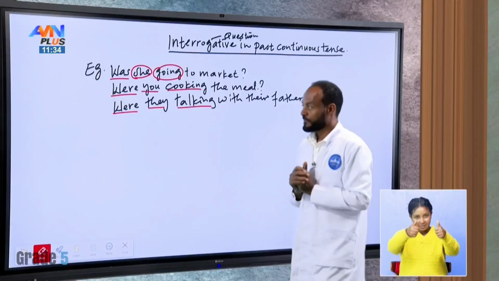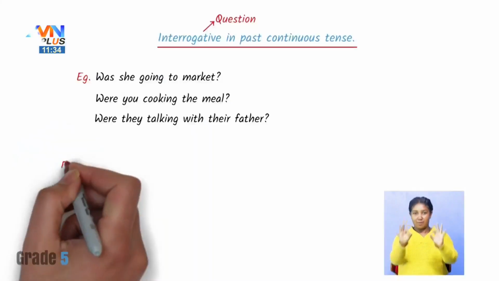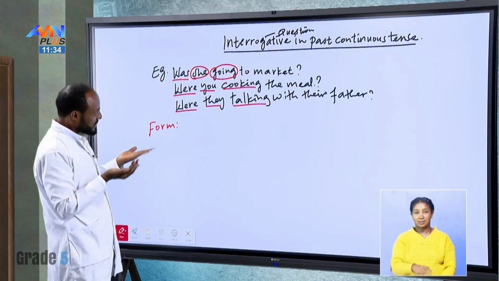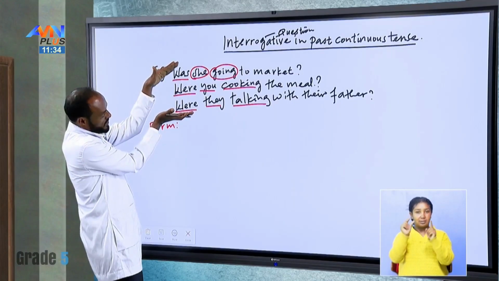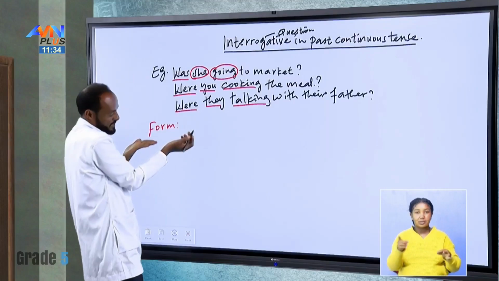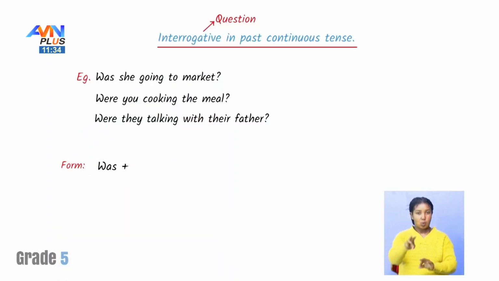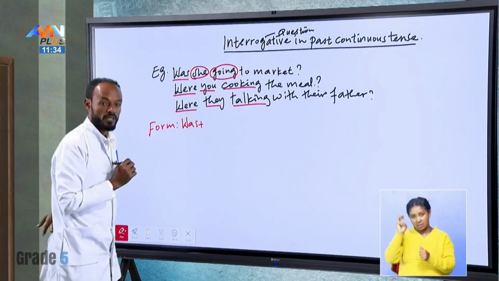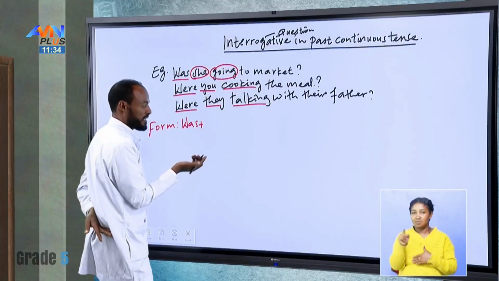Nice. Nice, students. Come on. The form. Look. When I say the form, I mean the word, what we wrote here is the form itself. Was plus subject. What kinds of subject should be here? Yes.